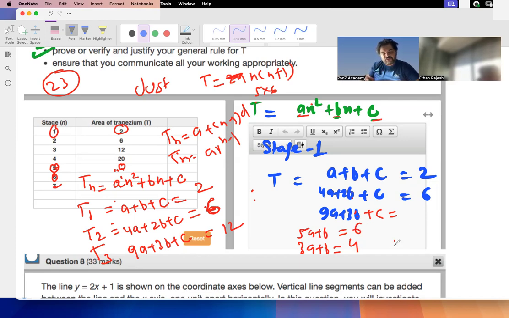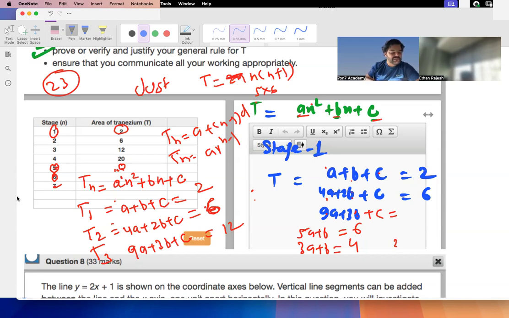Subtracting, 2A is equal to 2, so A is equal to 1. I subtracted these two and found A is equal to 1. Now if I replace A with 1, I get B is equal to 1 as well. Once you get A and B, I find C is equal to 0. So my A, B, C I found.